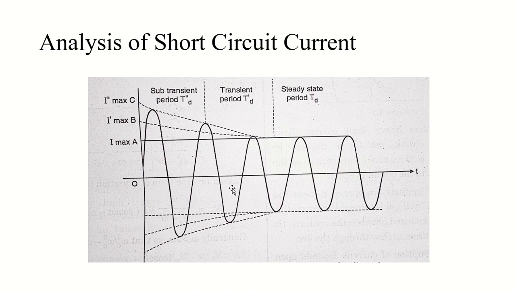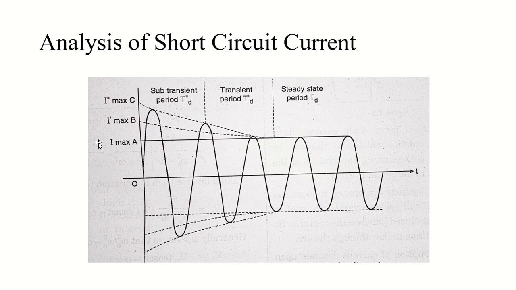In the transient it would be still high but decreasing, and in steady state we will have a continuous value of current. And we have indicated it with these indications: I double dash max c, I double dash max b, and I max a. Now let's discuss the subtransient period a little bit.